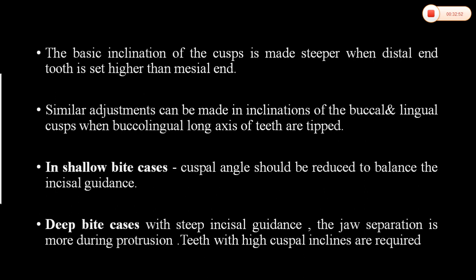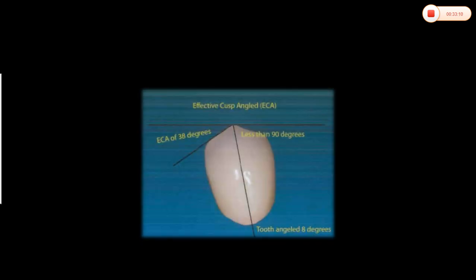Remember, if the incisal guidance is low, the cuspal angle will also be low. If the incisal guidance is steep in deep bite cases, the cuspal angle also has to be increased to provide balanced occlusion. By changing the angulation of the teeth, the cuspal angle can be altered.